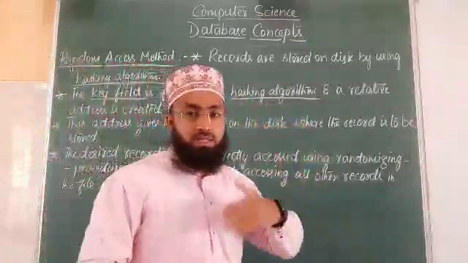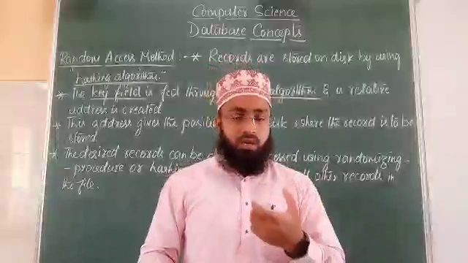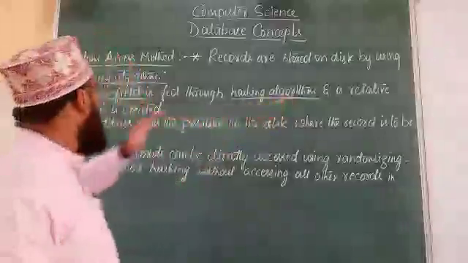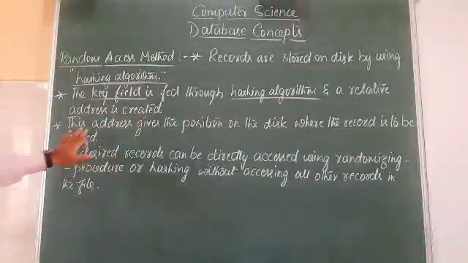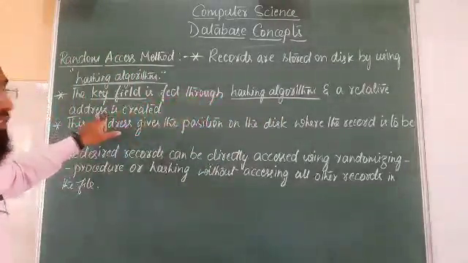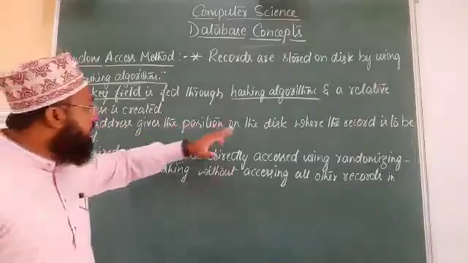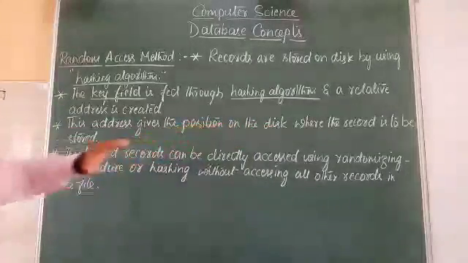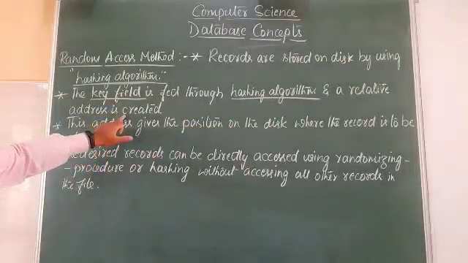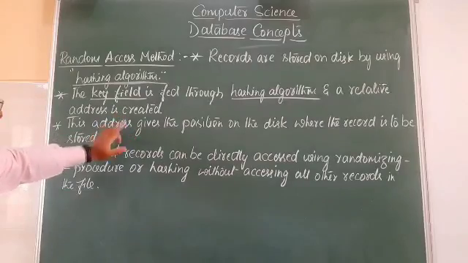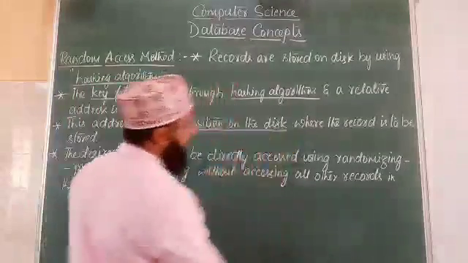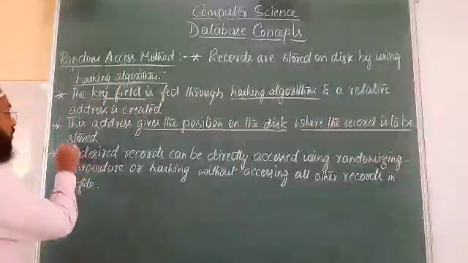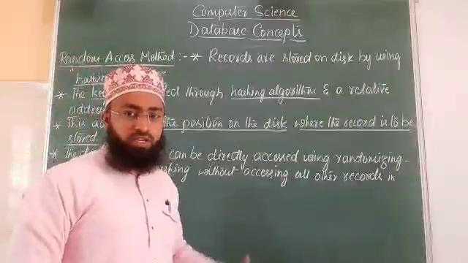This relative address which is created gives the position on the disk where the record is to be stored. When the record is to be stored, it will give the position.